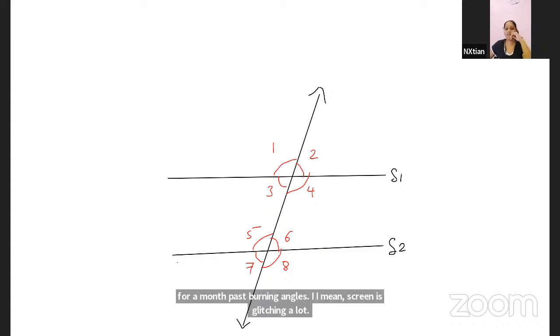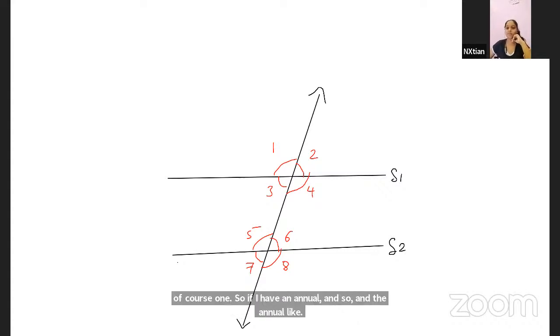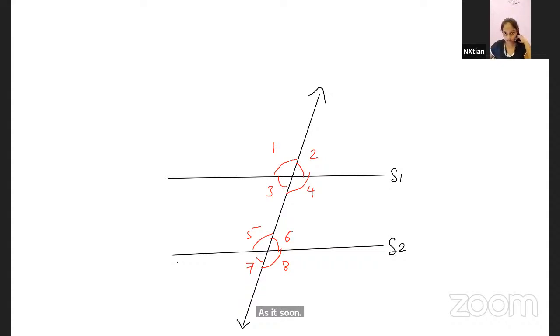Corresponding angles: if I have an angle and the angle over here, as I'm showing on my screen, if it makes an F-like shape, the angle that is over here and the angle that is over here correspond together.